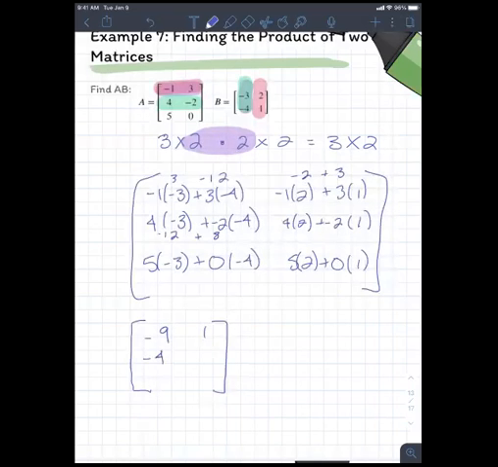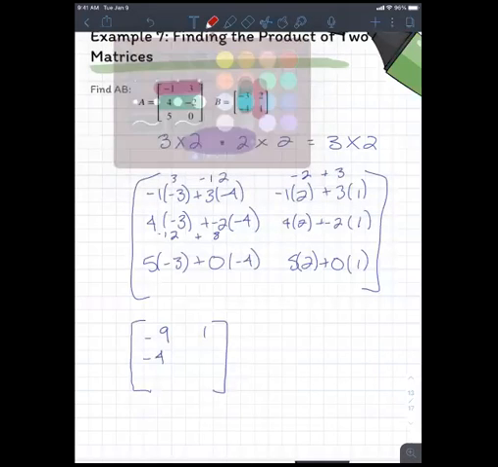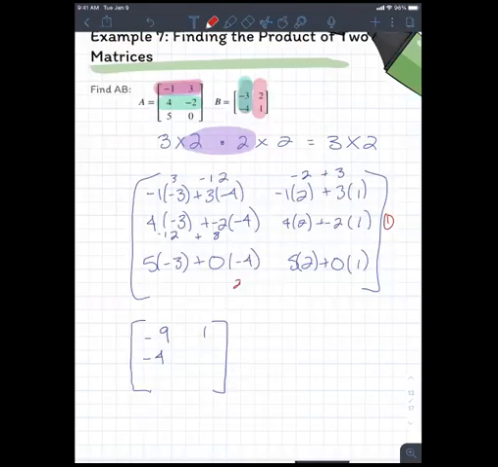For the remaining 3, I want you to try them and tell me in the chat what you get as your answer. Do them as the first number, the second number, and the third number. And just put a space in between. So if you did it on the calculator, you can just copy down what those numbers are. If you're doing it by hand, calculate them and then tell me what they are going to be.